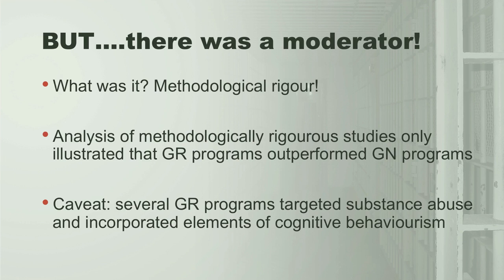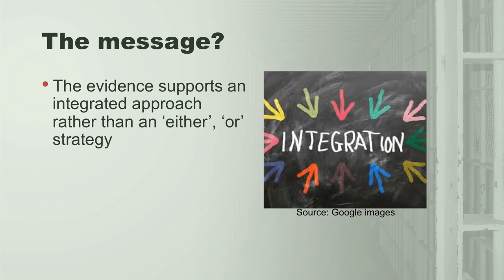Perhaps they were trauma-informed, empowerment-based. Regardless, those programs had some elements that straddled the gender-neutral paradigm, as well as those that straddle the gender-responsive paradigm. So, what's the message? The evidence supports an integrated approach, right? An approach that borrows from gender-responsive perspectives as well as gender-neutral or the R&R perspective, rather than this either-or strategy.